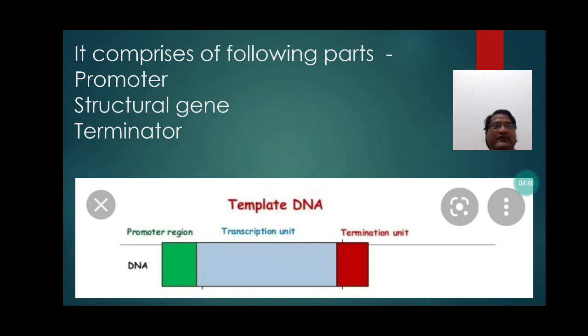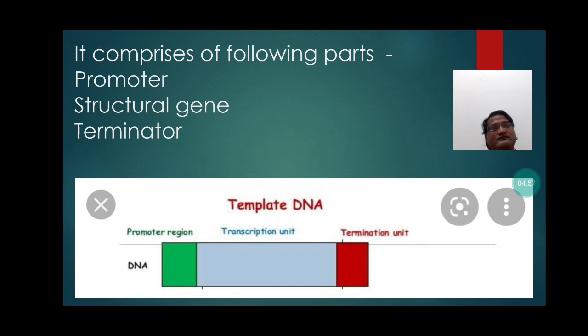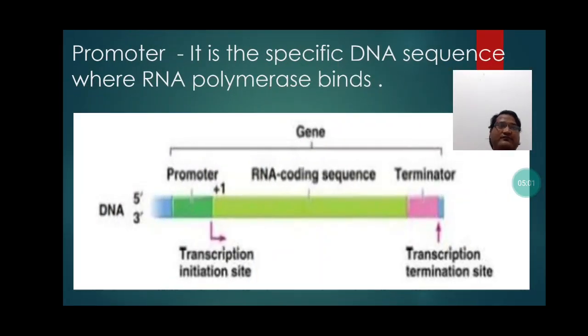Here we can easily notice the promoter, the structural gene, and the terminator. These three parts are present on the DNA which forms the transcription unit.